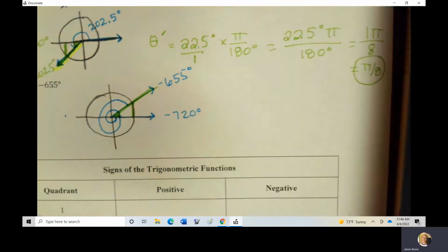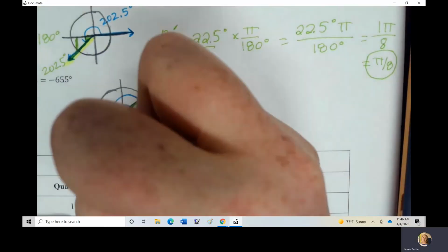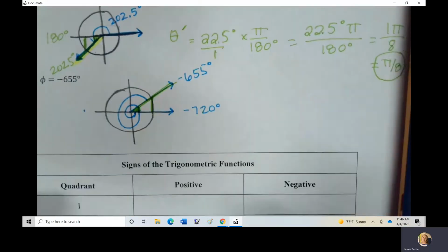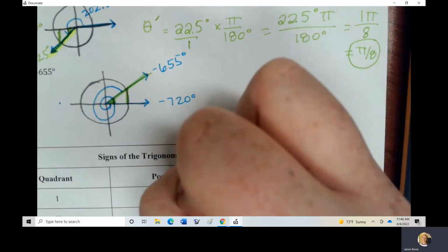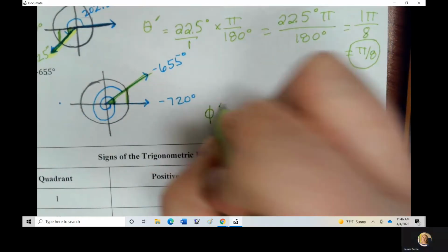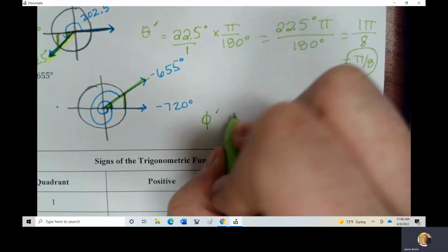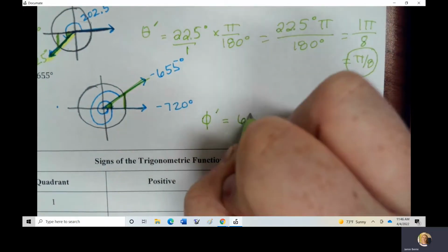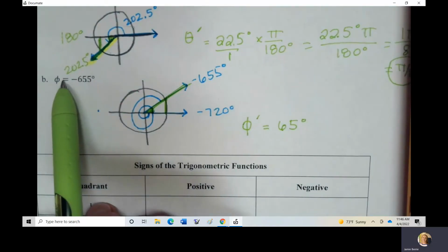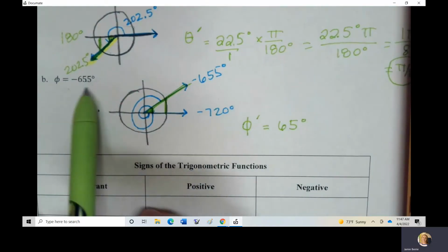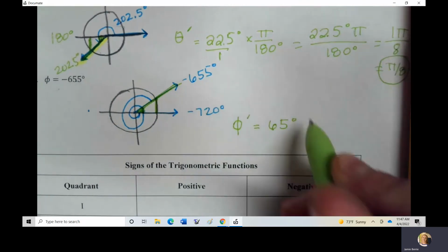That's 65 degrees. All right, so 65 degrees is that reference angle there. This one's named phi, so this one's going to be phi prime instead of theta prime. Right, and that reference angle again is 65 degrees. And our original angle was given to us in degrees, so we know our answer should be in degrees.